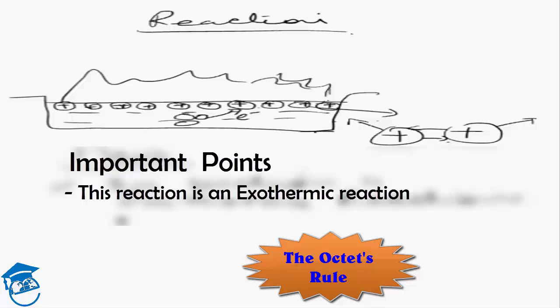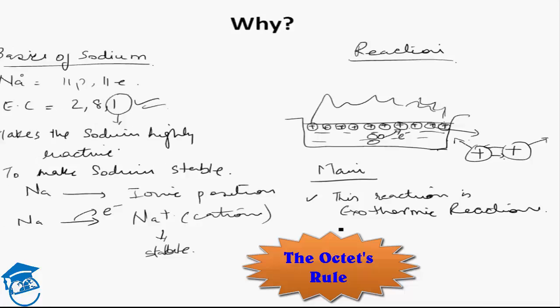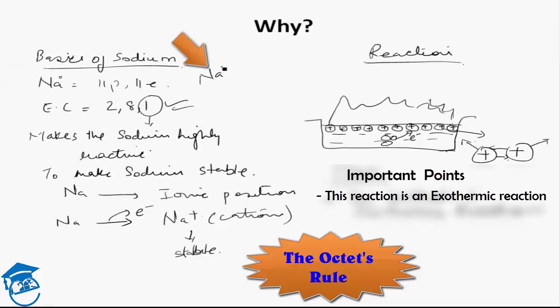The octet rule states that a chemical species is more stable when all of its atoms have achieved a noble gas electron configuration. This means that when neutral Na gives out its extra electron, it forms a positive ion.